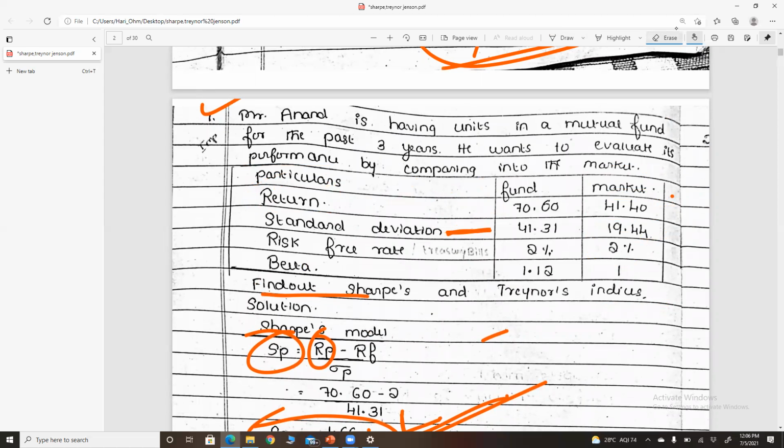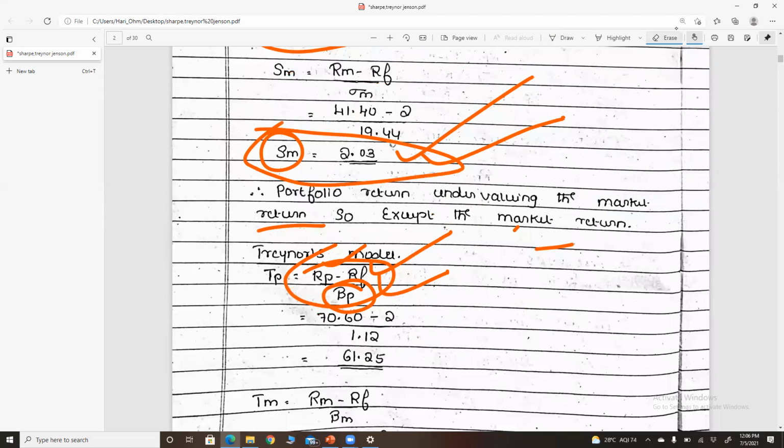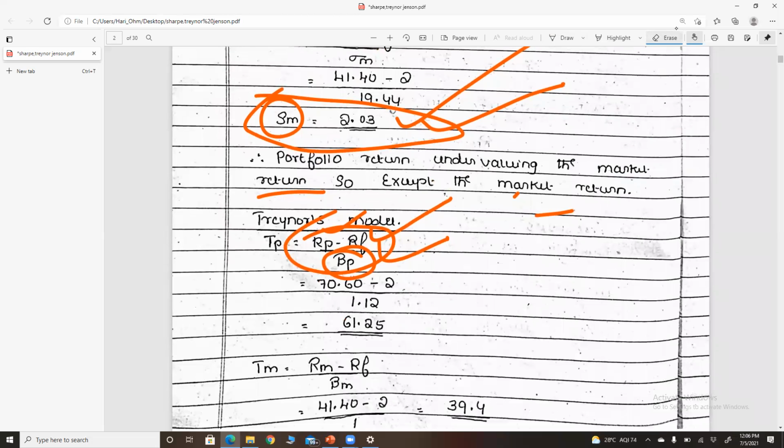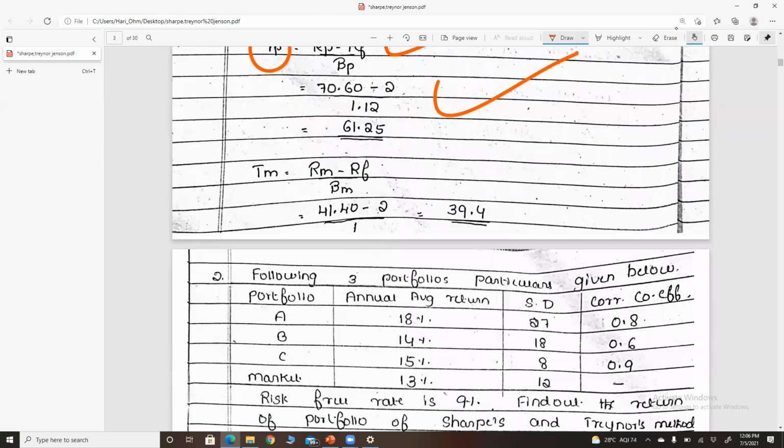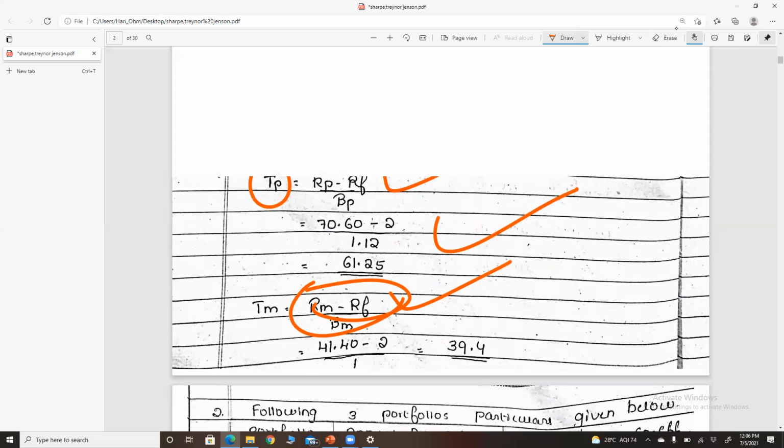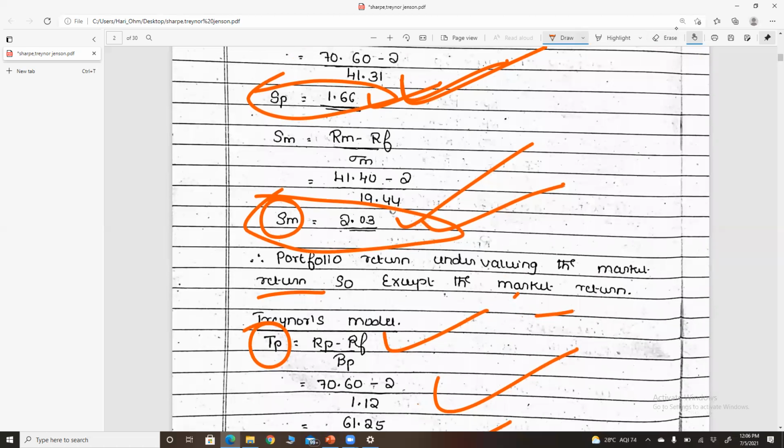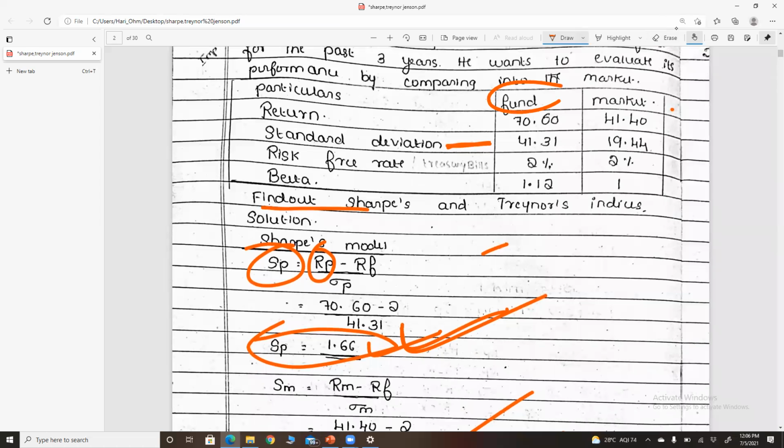First you need to calculate for the portfolio. For that the formula is TP equals RP minus RF divided by beta P. Then you need to calculate for the market, that is RM minus RF divided by beta M. So for the fund you are going to calculate first.